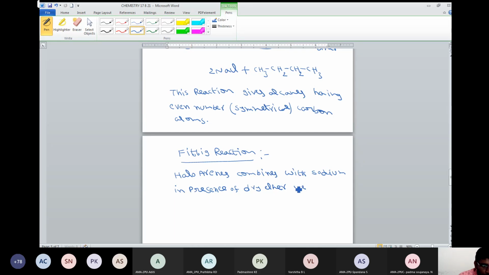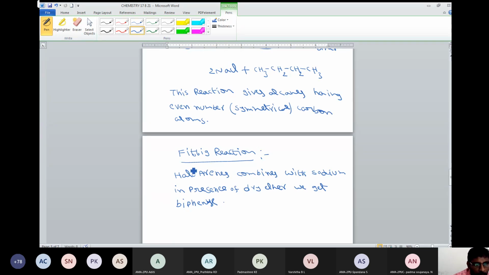We get biphenyl. So this reaction is called the Fittig reaction.